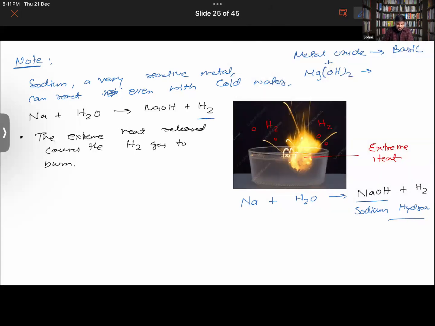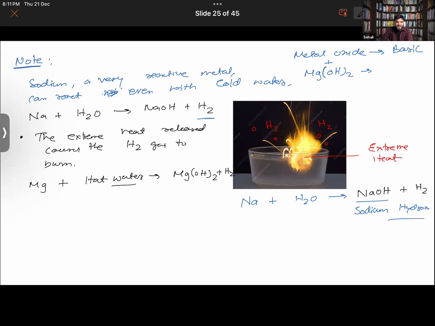Talking about some other metals, for example magnesium. It will be reacting with hot water in order to form magnesium hydroxide plus H2 gas.